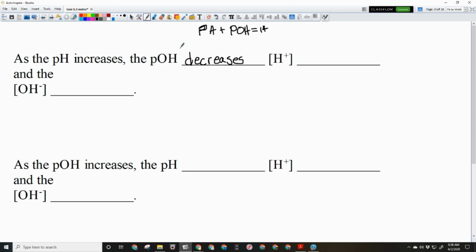As the pH increases, the hydrogen ion does what? As the pH goes from 1 to 7, the hydrogen ion concentration at 1 is 1 times 10 to the negative 1, and at 7 it's 1 times 10 to the negative 7. So as the pH increases, the hydrogen ion decreases.